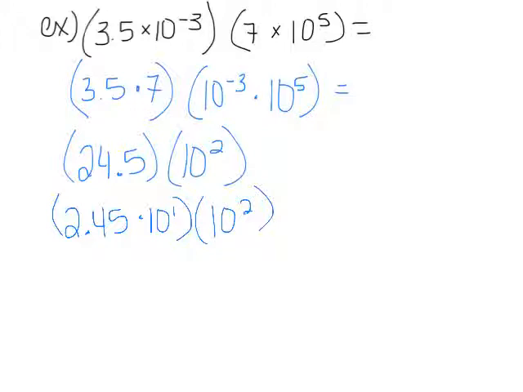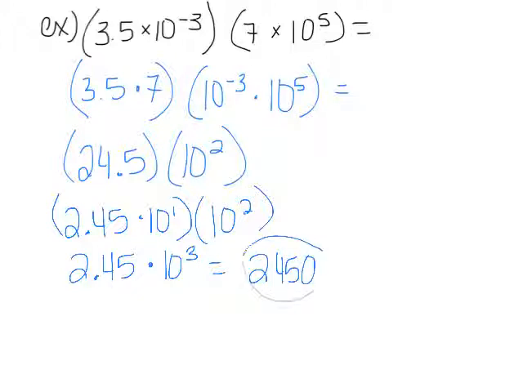And then I can combine my bases, so I get 2.45 times 10 to the 3rd power, because I add my exponents. And then when I simplify this, I'm going to get 2,450.